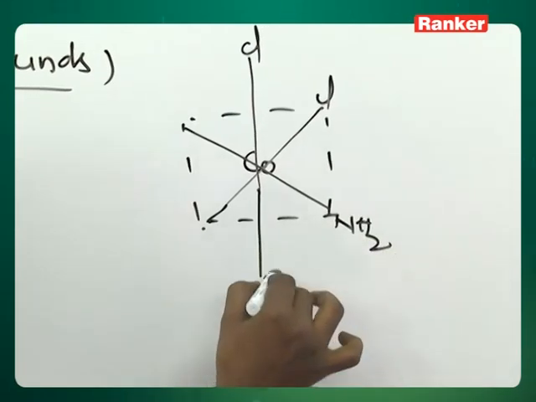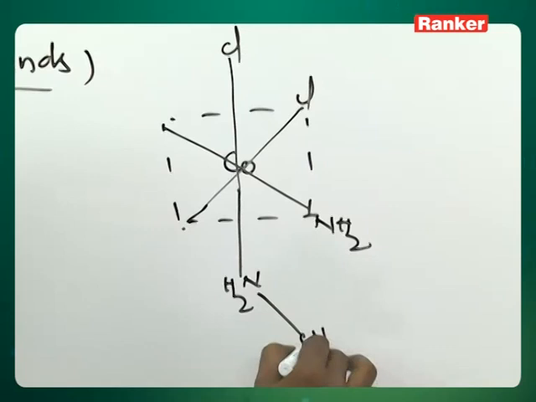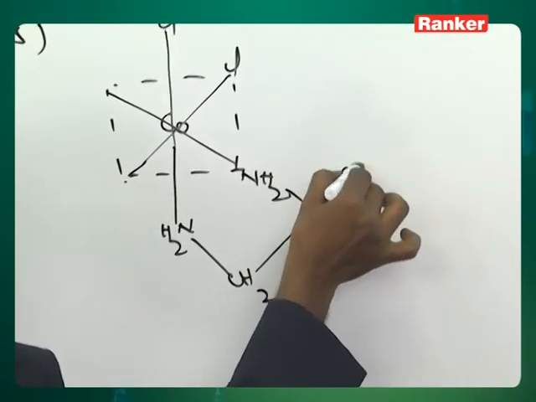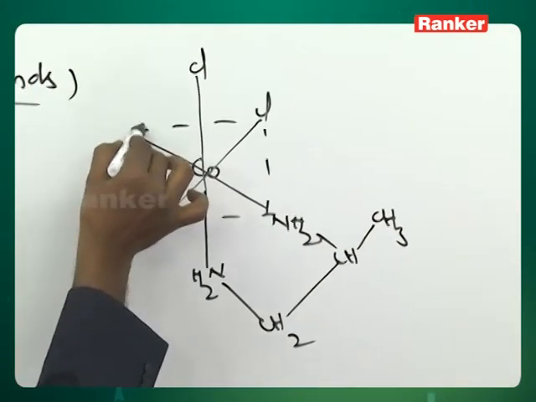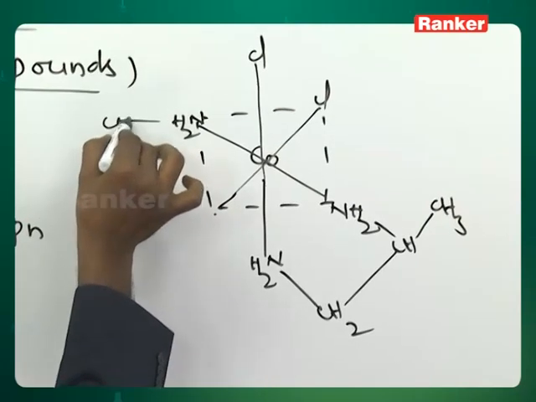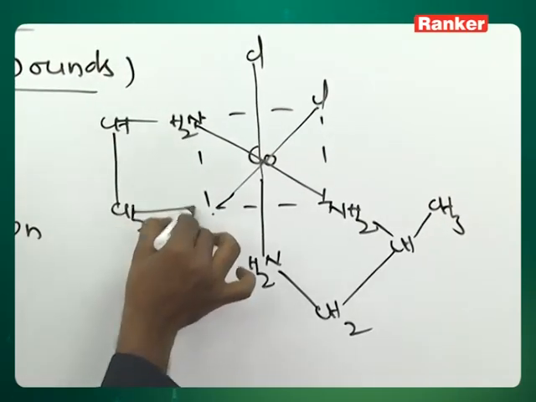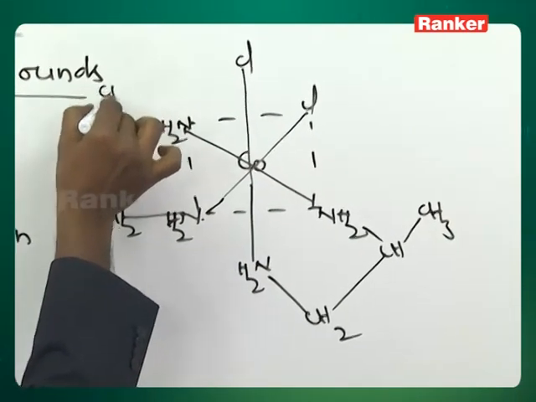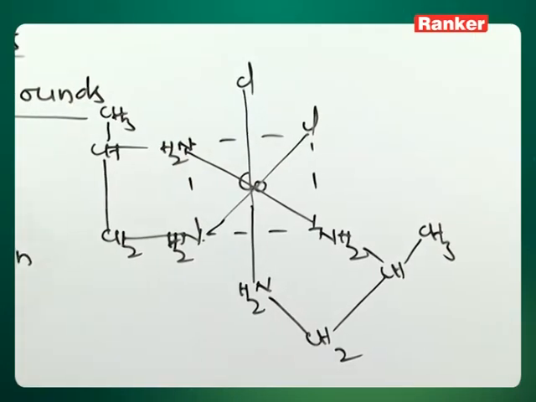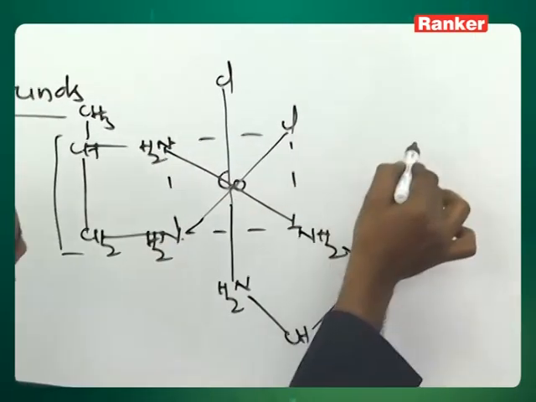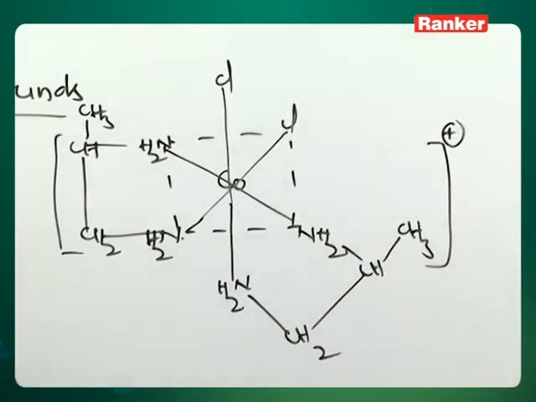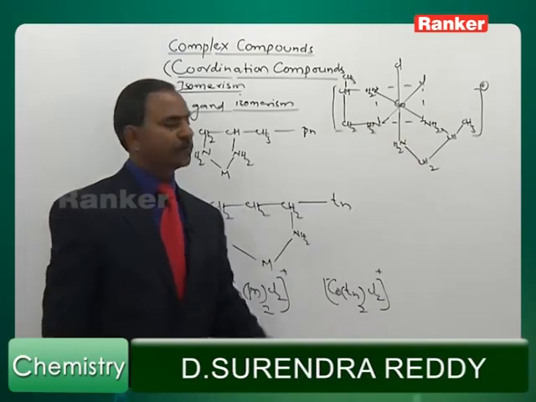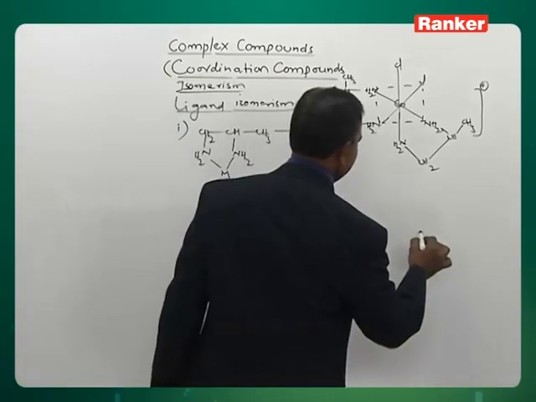The 2 PNs I am linking to the metal, CH2, CH, CH3, NH2, and again here CH3, like this. Now, to show the charge, put a bracket like this and represent the charge like this. This is the PN complex, with a 5-member ring around the cobalt metal. Next, this particular TN complex I am showing, see the bottom.